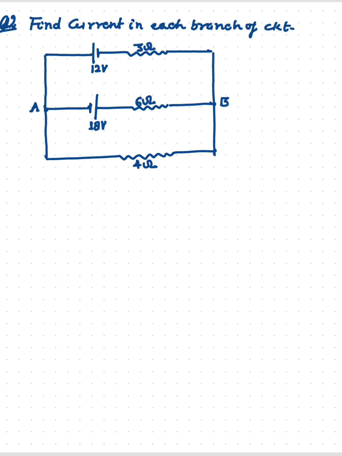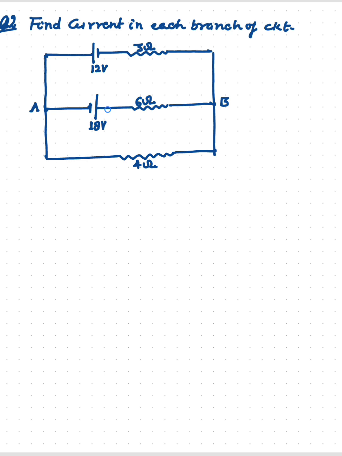Clear? We have to find the current in the different branches. So this is one branch, this is another branch and this is another branch. So our first step is current direction. Assume the currents. So how can we assume the current distribution?